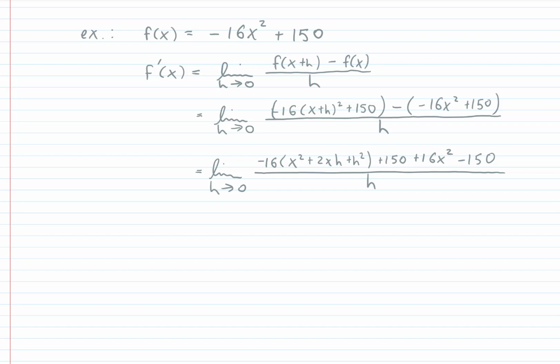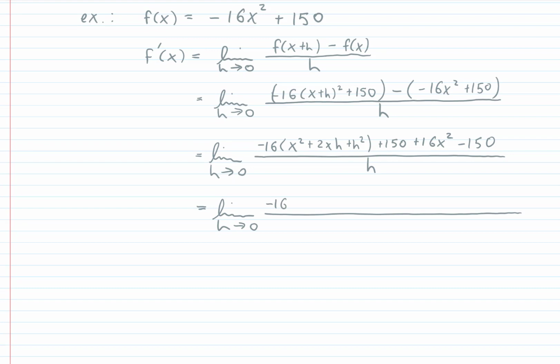And then distribute that negative 16 in the front. So we'll get negative 16x squared minus 32xh minus 16h squared plus 150 plus 16x squared minus 150, over h.